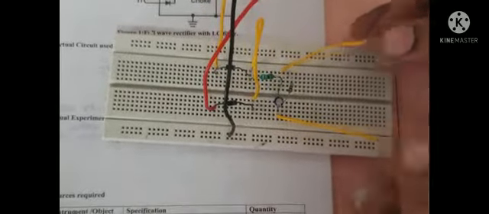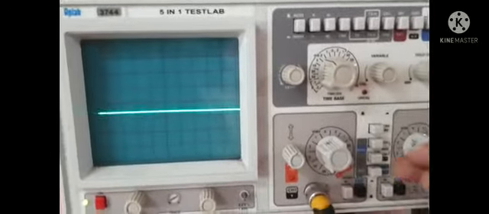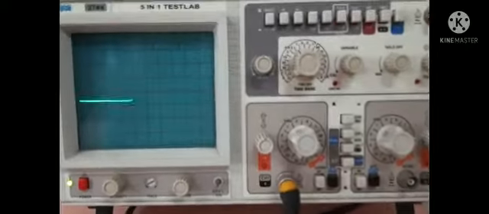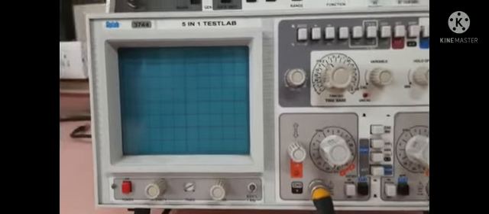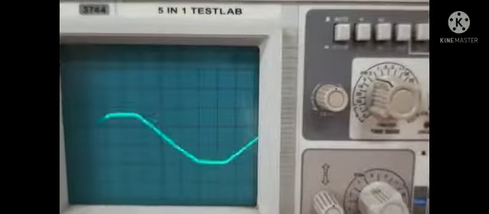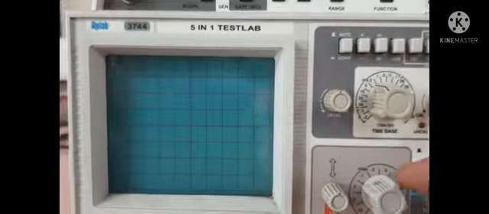First we check the input. For that we switch on the CRO and the transformer. Here these are the input waves.